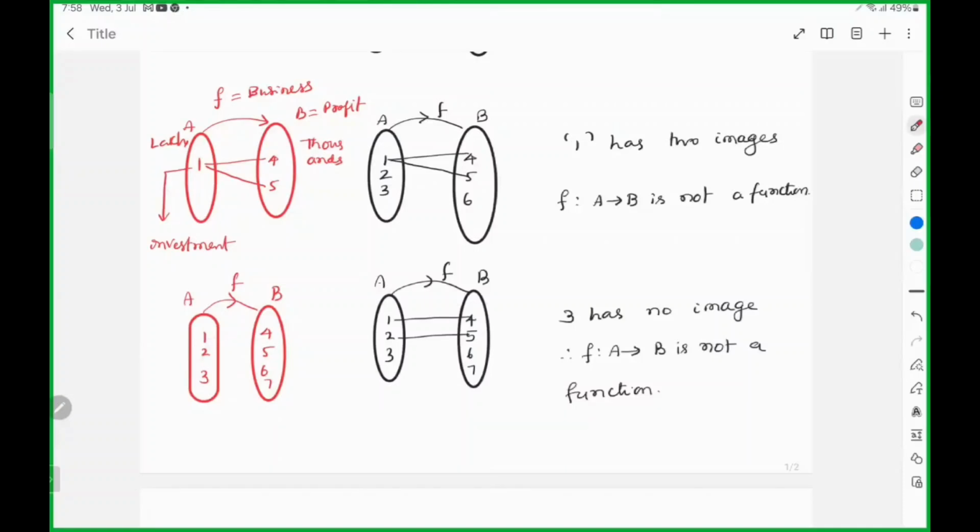Three people invested. One fellow invested 1 lakh, another invested 2 lakhs, another invested 3 lakhs.